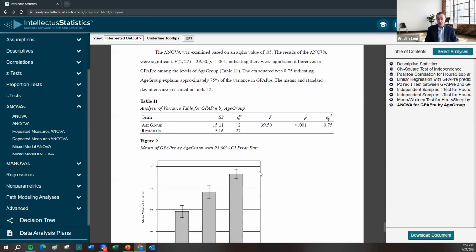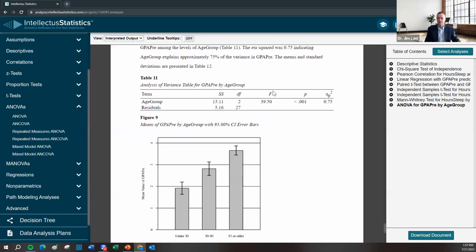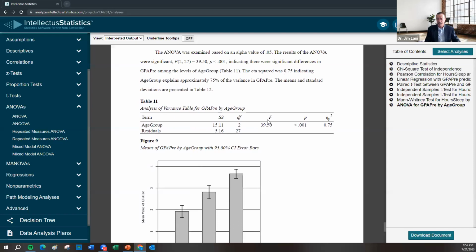And we have our results, which are that the results in ANOVA were significant. Yippee skippy, there were differences in GPA by age groups. The question is where, which age groups? We have an effect size and our APA table.